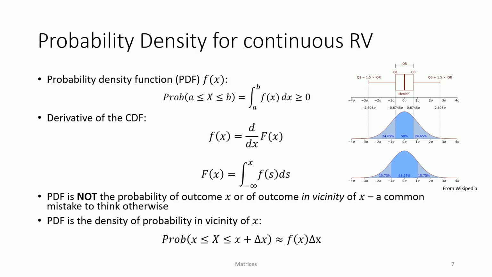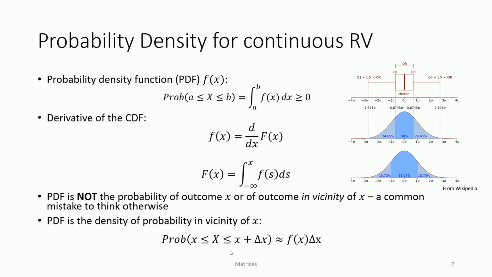They were saying that PDF is the probability of x being in the vicinity of some number, like x being between x and x plus delta x. They were saying PDF is that probability. No, absolutely not. It's a huge mistake to make, so don't make it. In order to get the probability, we need the area under the curve.